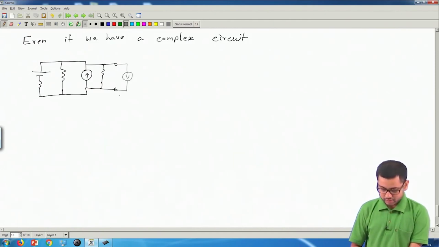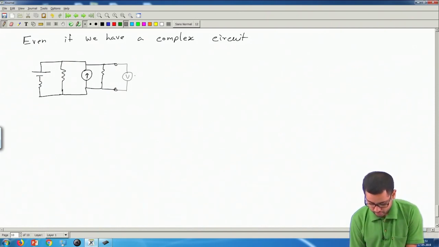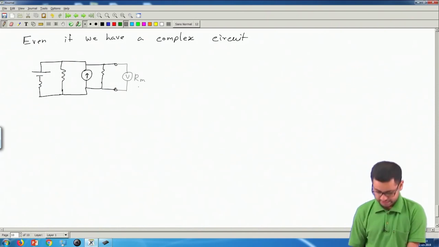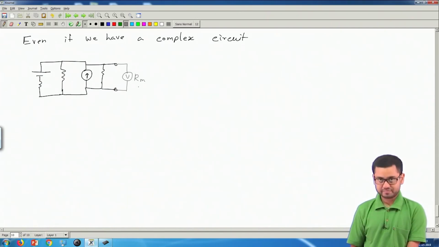Now, what should be the value of Rm? It should be high, but how high?